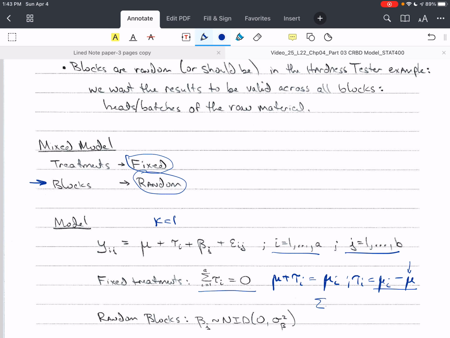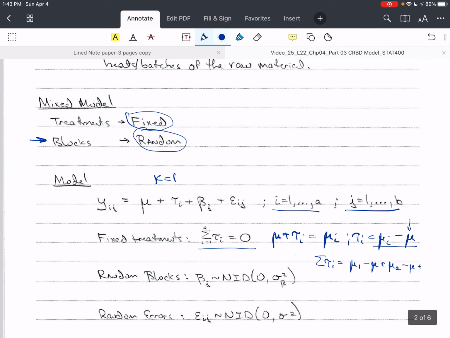So if we add up all the tau i's, then we would have mu 1 minus mu plus mu 2 minus mu plus, and so on, plus mu a minus mu. And if it's balanced, then mu 1 plus mu 2 plus up to mu a should be equal to a times mu. Okay? So that means that the sum of the tau i's should be 0. All right, so that's the logic behind it.